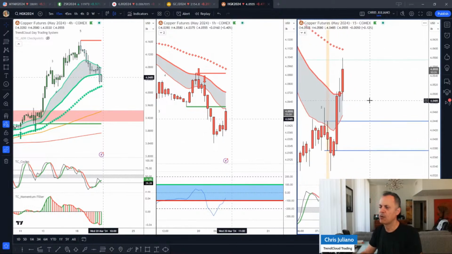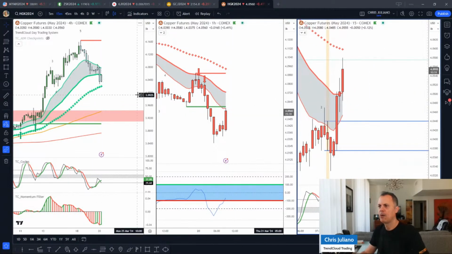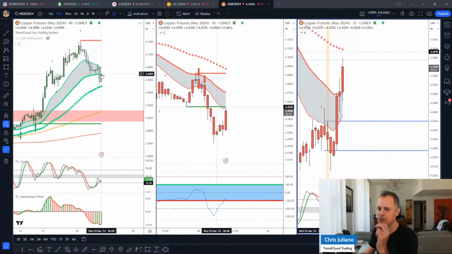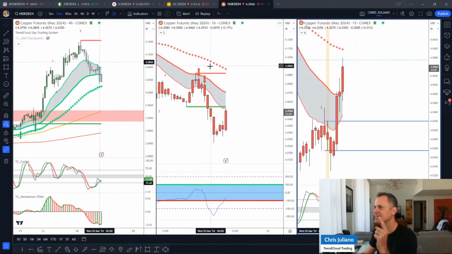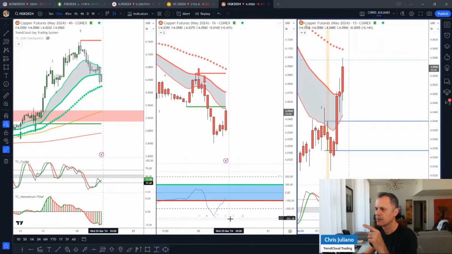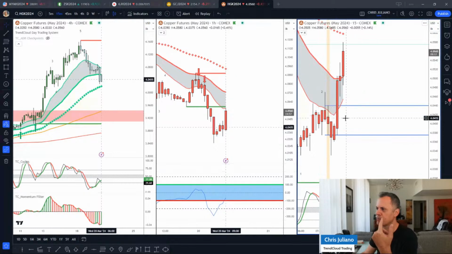Breaking out to the upside. All this is mixed signals, right? I want to make sure that you guys understand that you're seeing mixed signals here. High time frame is up, cycling up, momentum is up. Middle time frame is down on the trend and momentum. Okay, so that's mixed, that's opposite. And then the 15-minute chart, we're breaking to the upside.